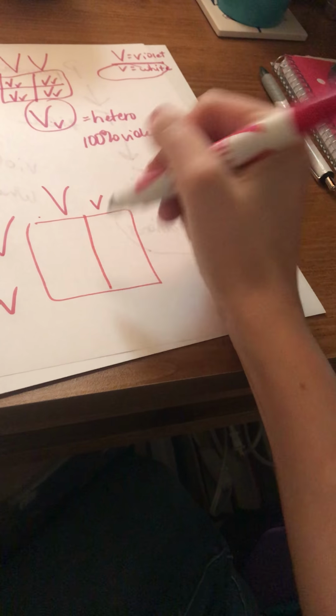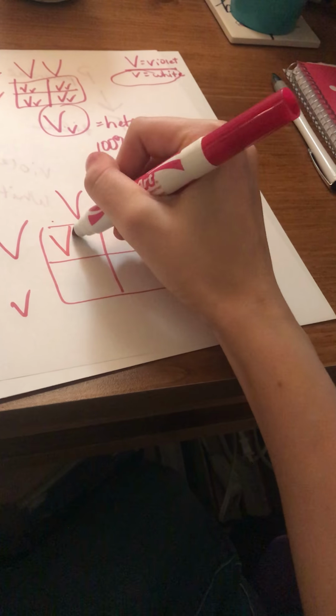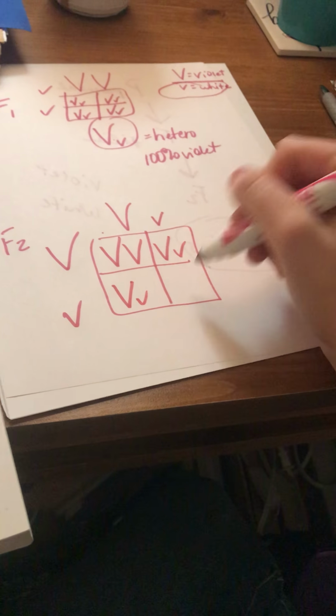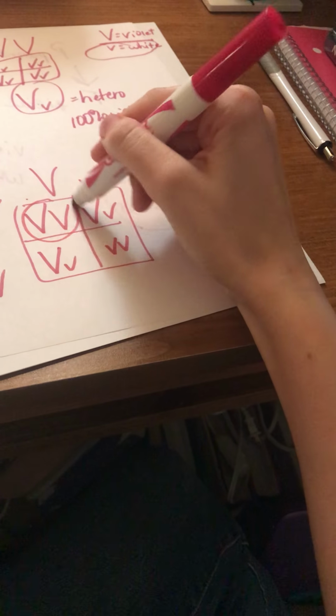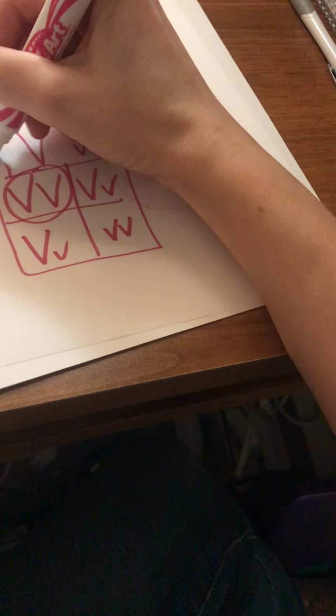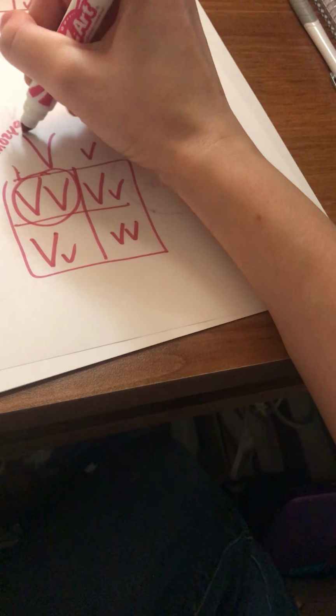And so when we work that out, we get this one, which is homozygous dominant, because they're both the same, so it's homozygous, and it's dominant because they're capitalized.